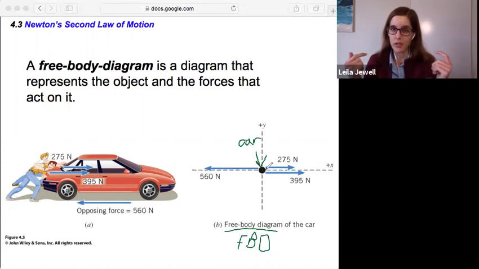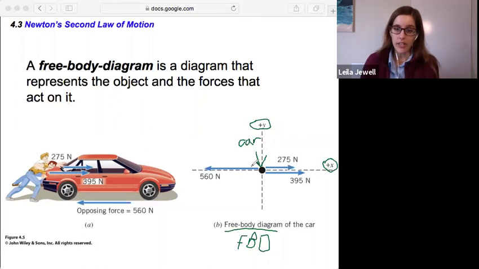If you draw the arrows as pointing towards the car, then it starts getting a little confusing when we try and combine them. We'll also want to add in our x and y axis, because we're going to be frequently drawing the forces in reference to the x and the y direction. So that's a really useful thing.